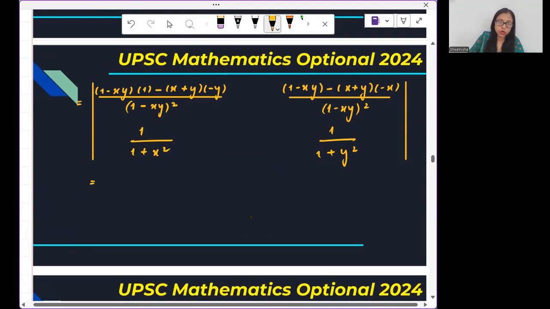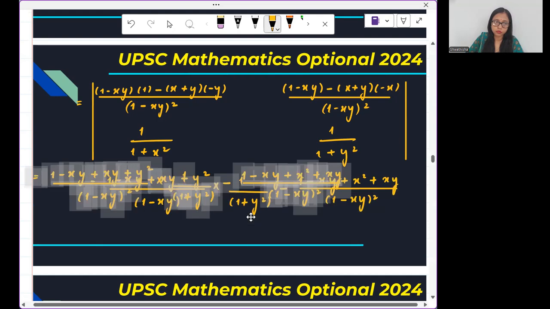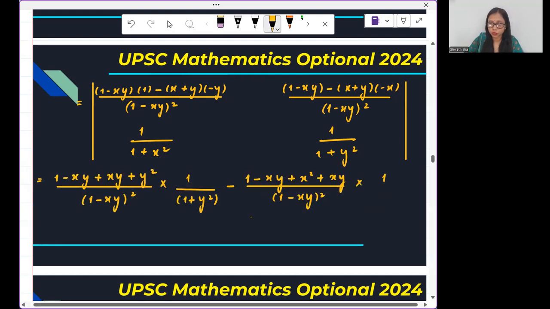That is going to be equals to 1 minus xy plus xy plus y square divided by 1 minus xy whole square times 1 upon 1 plus y square, minus 1 minus xy plus x square plus xy divided by 1 minus xy square, multiply 1 upon 1 plus x square.